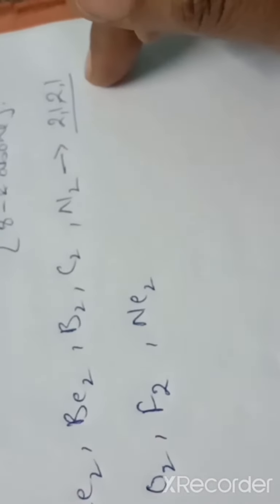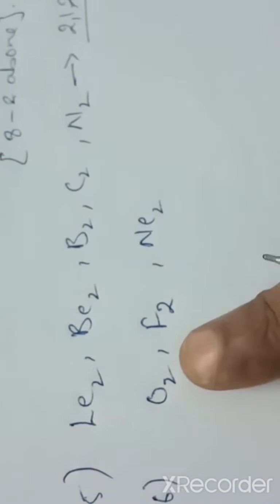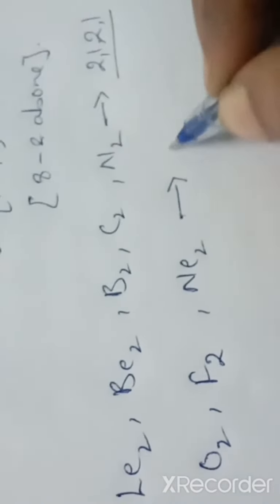This is 2 1 2 1. In this way the molecular orbitals in the energy diagram are going to be formed. And for oxygen, fluorine and neon the rule is 1 2 2 1. Understood children?